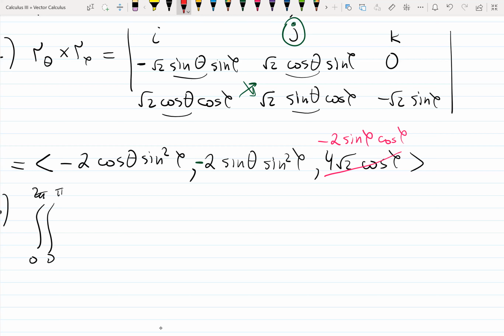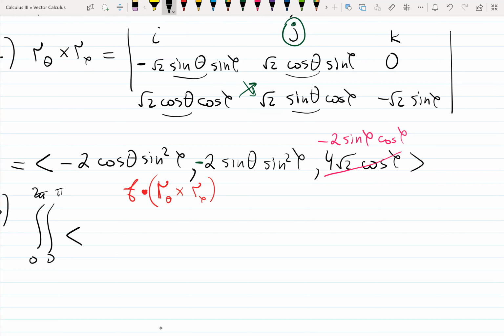We remember that. So we need F times r theta and phi, like so. It's a dot product that gives you a number. Let's change your F right away here. It will save space.